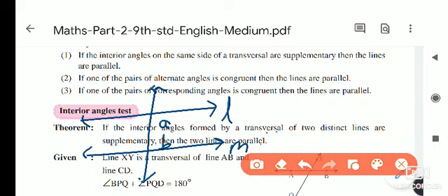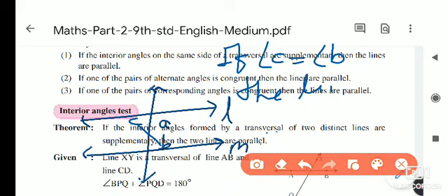Suppose here it is angle C. Then if angle C is equal to angle B, these two are the alternate angles. If angle C is equal to B, then line L is parallel to line M, and the reason behind it is the alternate angles test.